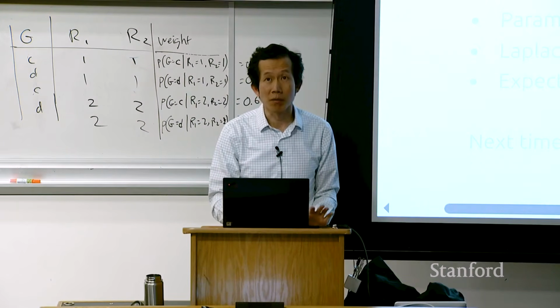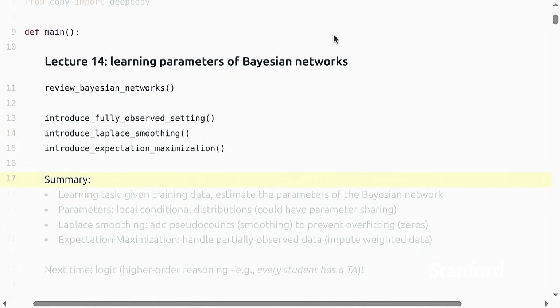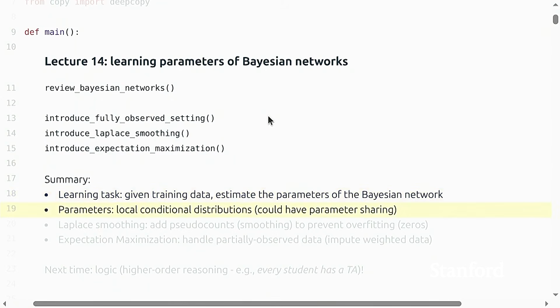Okay, so wrapping up, the learning task that we've talked about is you're given training data and you want to estimate the parameters of the Bayesian network. The parameters are the local conditional distributions, but bear in mind that with parameter sharing, there could be fewer local conditional distributions than number of variables in your Bayesian network. If you're worried about overfitting, you should use Laplace smoothing, which is basically adding pseudo counts.